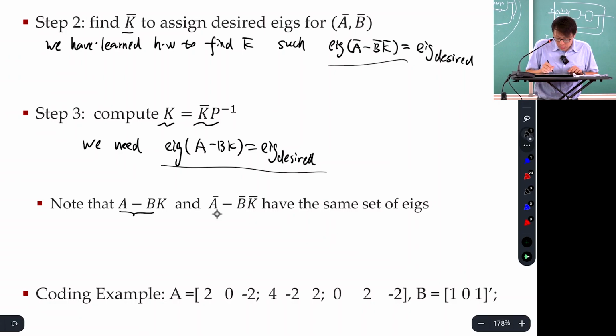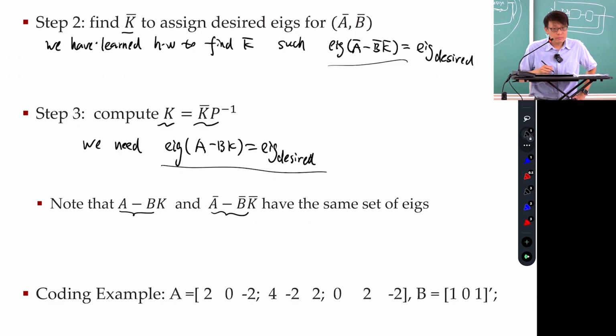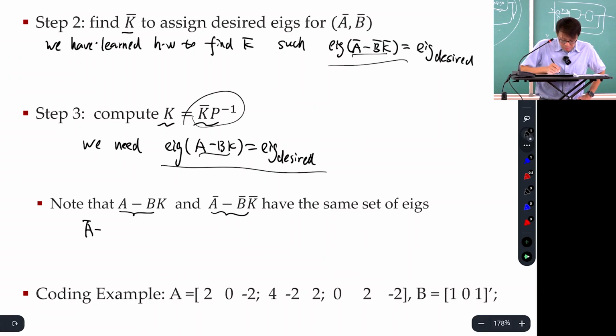First of all, these two have the same set of eigenvalues. This guy and this guy have the same set of eigenvalues. If I design this K in this form, you can check directly because A bar minus B bar K bar equals P inverse A P, that's A bar, right?